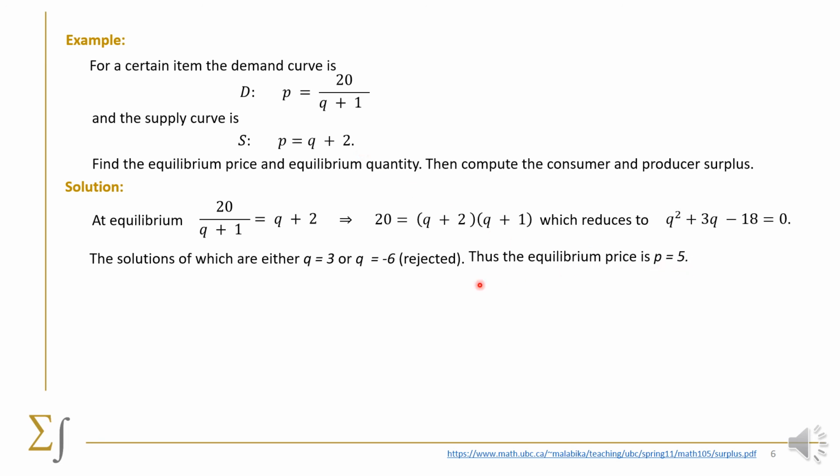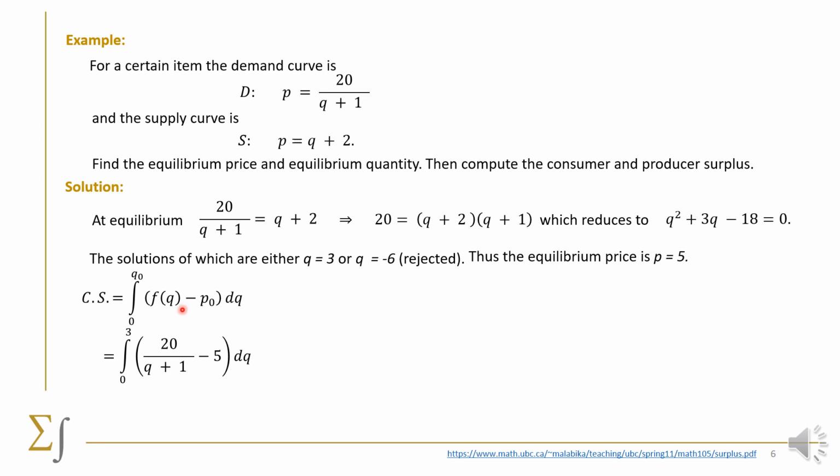Now, having found the equilibrium quantity and equilibrium price, we move to the second part of the problem, to compute the consumer and the producer surplus. For the consumer surplus, we have the equation for it. It's the integral from 0 to Q node, the equilibrium quantity, of f of q minus p node, dq. Here we have the f of q.